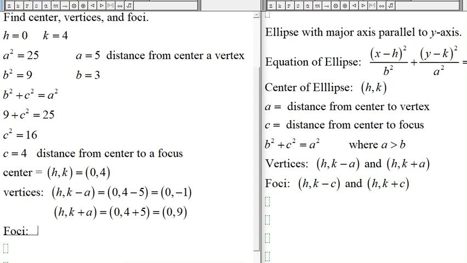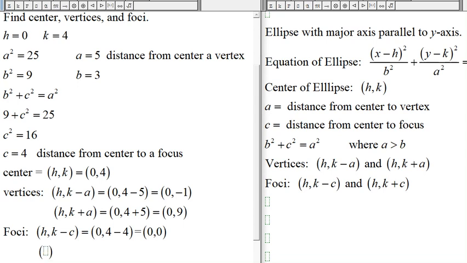And the foci, so instead of a, it'd be c, because c is the distance from the center to a focus. So this would be 0, comma, 4 minus 4, which would be 0, 0.